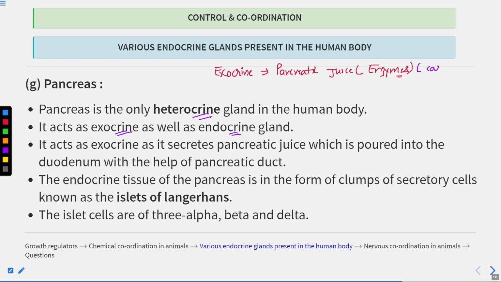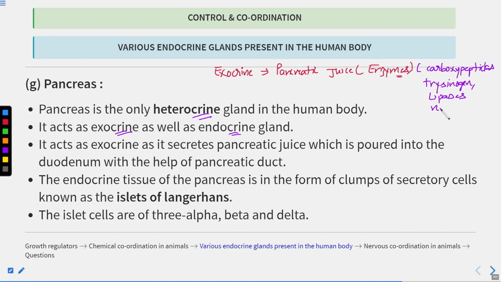So one enzyme is carboxypeptidase. Then we have trypsinogen. Then chymotrypsinogen is also present. Apart from this, pancreatic lipase is present.